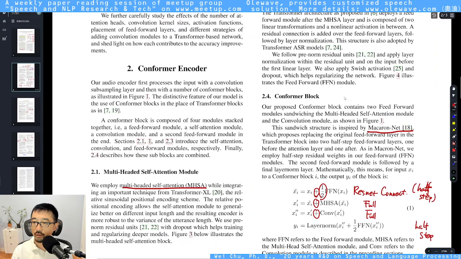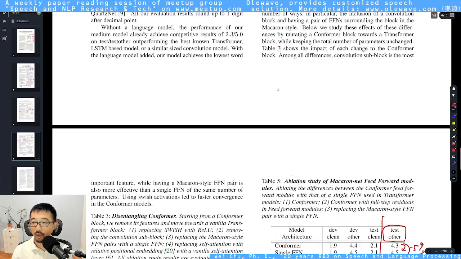So you see this one. Remember I talked about these things. If you use a full step residual, this becomes 1. Why? I really don't know why. He also didn't explain.